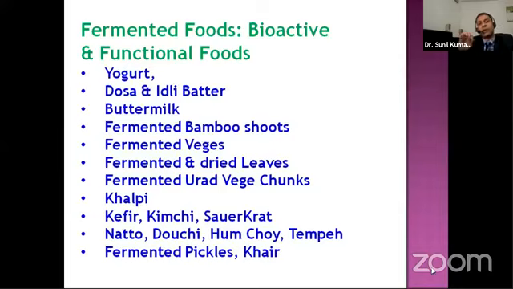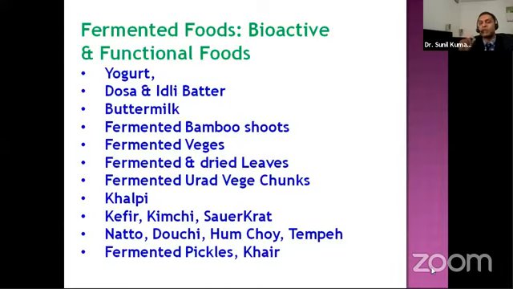There is also a trend I found in Himalayan countries, including Nepal. They make urad dal veggie chunks. You can use any vegetable you want, mix urad dal, make chunks, and let it ferment and dry in the sun. Whenever there is nothing available, you can use that as a vegetable.